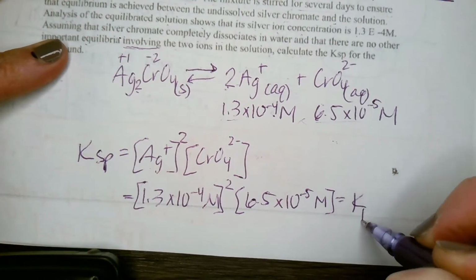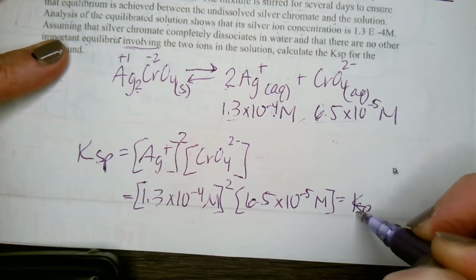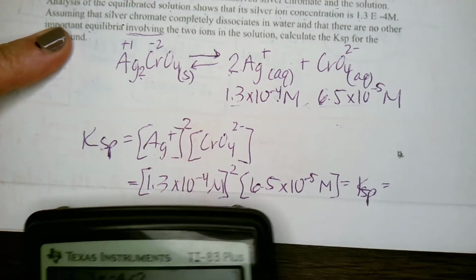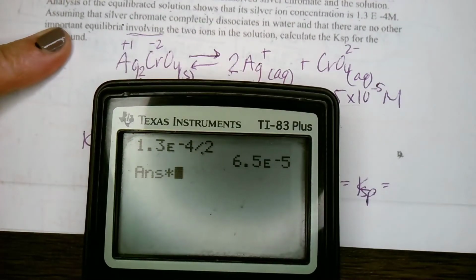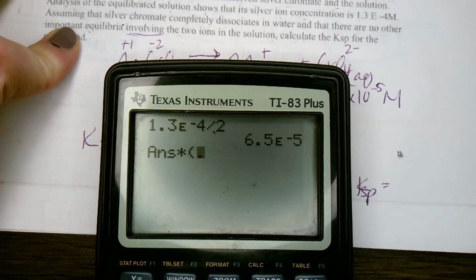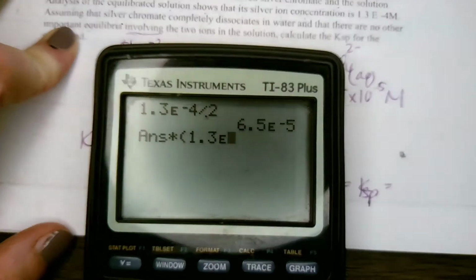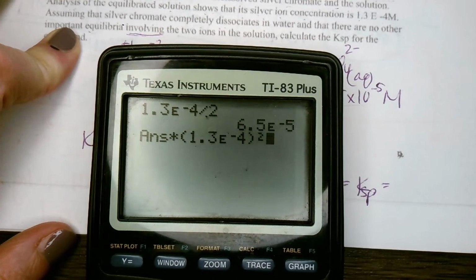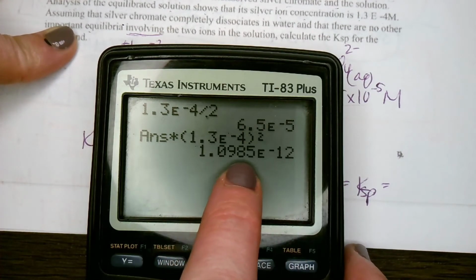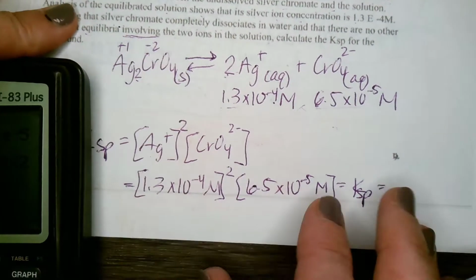That'll equal my Ksp. So let's do this. Our 6.5 times 10 to the negative 5th, times 1.3 times 10 to the negative 4th squared. And we get 1.098, so 1.1 times 10 to the negative 12.